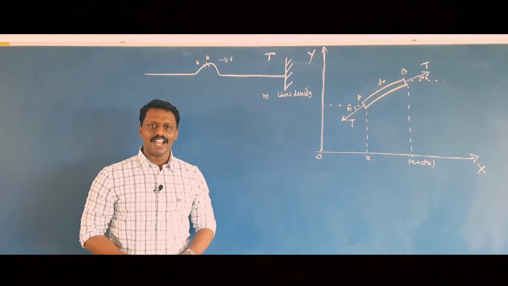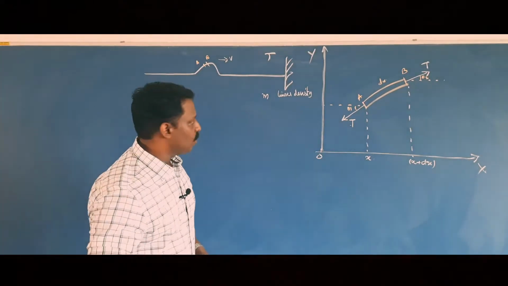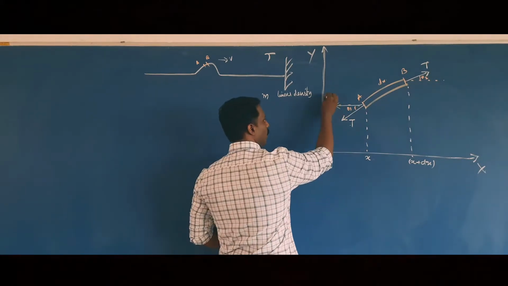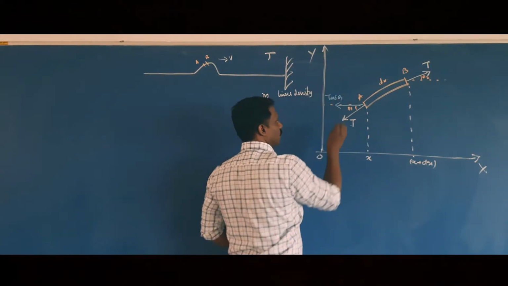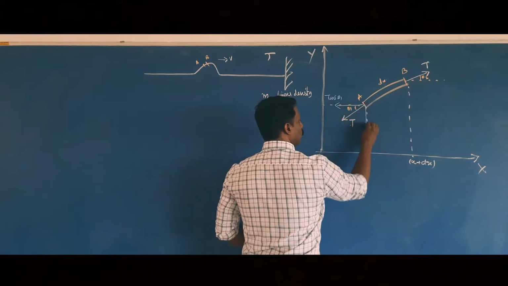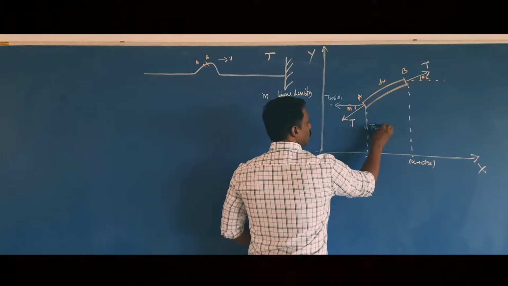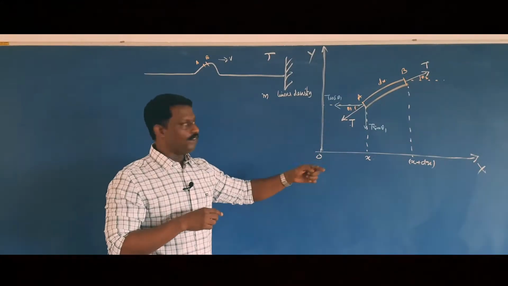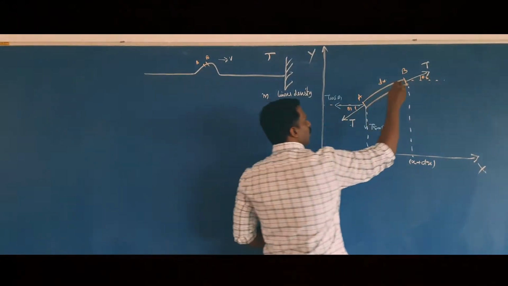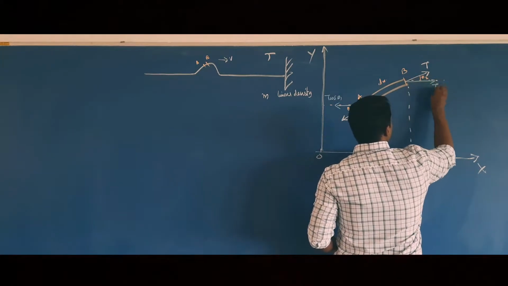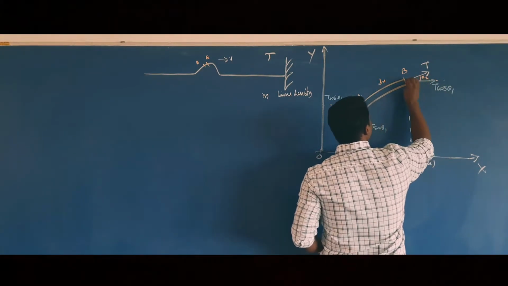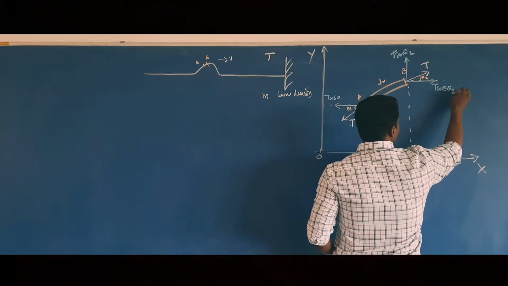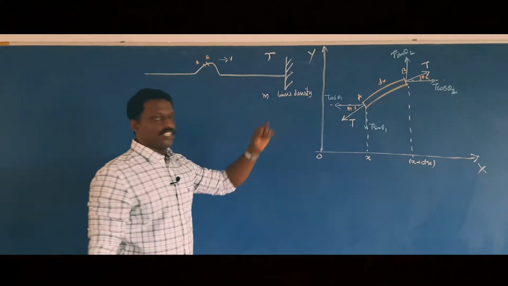There is a rectangular resolution of vectors. So along the horizontal direction we have the cosine component T cos θ1, and along the vertical direction we have the sine component T sin θ1. Similarly, we will be resolving tension at B as T cos θ2 and T sin θ2.